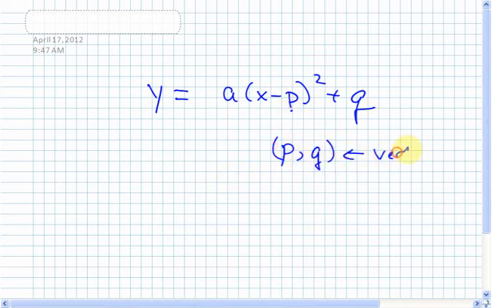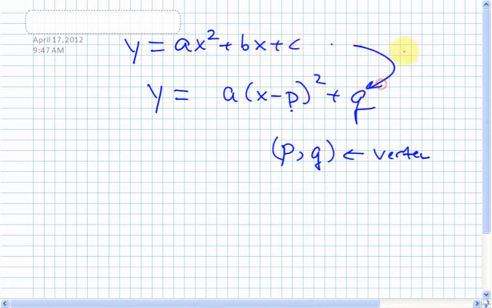Remember how hard it was to get into this vertex form from a quadratic that looks like this? Do you remember what we did to go from this form to that form? Something called completing the square. Oh yeah. Remember how we spent so much time on that and you guys hated it? So, if I was nasty to you, I would make you do it this way.